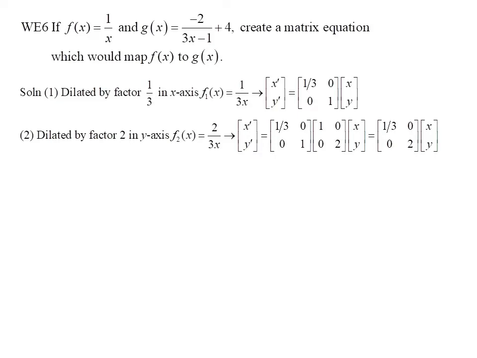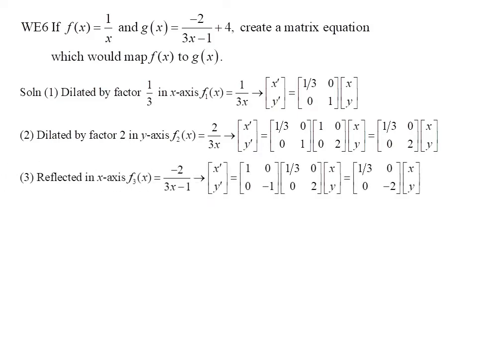Accordingly, the equation of matrix transformation for a dilation of factor 2 parallel to y-axis is also set up as shown on the screen. The third step is to reflect in x-axis, which means to multiply the equation by negative 1, and the corresponding matrix transformation equation for the reflection is also shown.